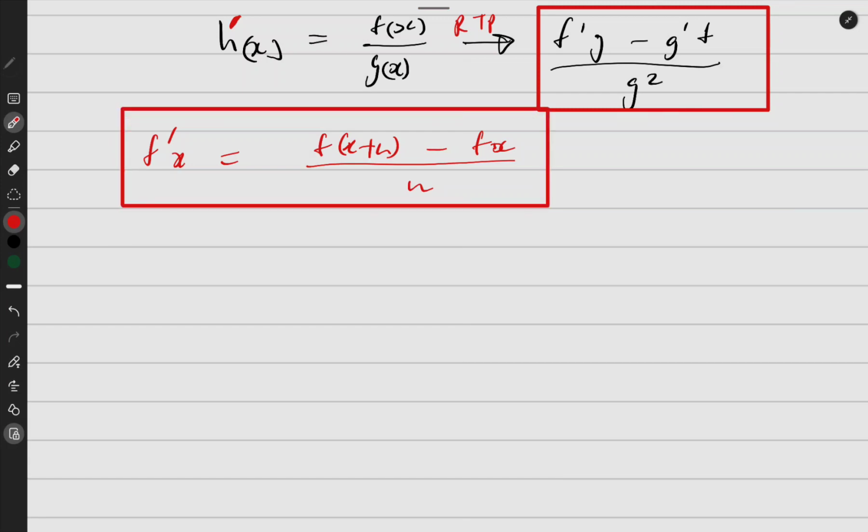Remember that in the previous video you proved the product rule, so you can use it to prove this, and it's very quick and easy. But sometimes for exam purposes they might say do not use the product rule, unless you have proved it, in which case you can just use it. But in this case we assume that we know nothing about the product rule, and just use first principle.